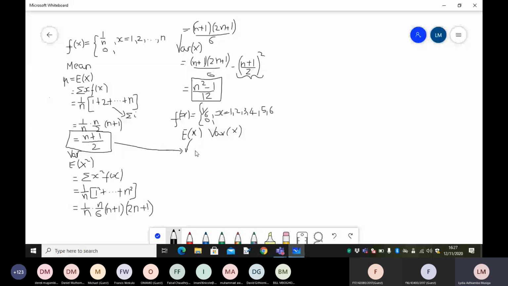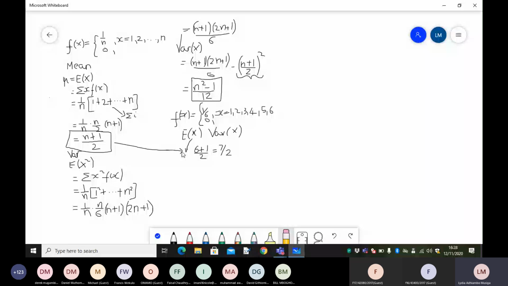So expectation of x is just 6 plus 1 over 2, and that is 7 over 2.